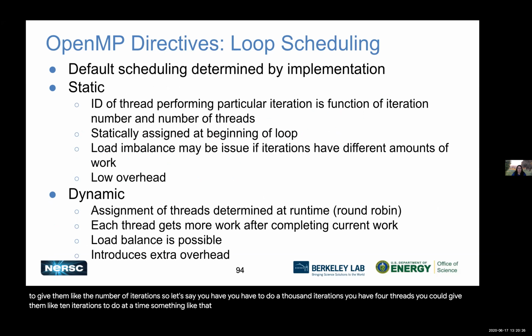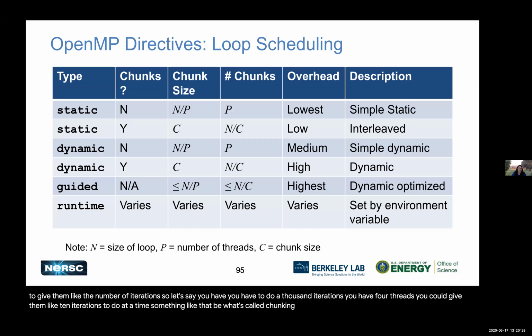And that would be what's called chunking. So if you don't do chunking and you're doing static scheduling, then the size of the chunks is just going to be the size of the loop divided by the number of threads. And there's going to be the number of threads chunks. And it's very low overhead.